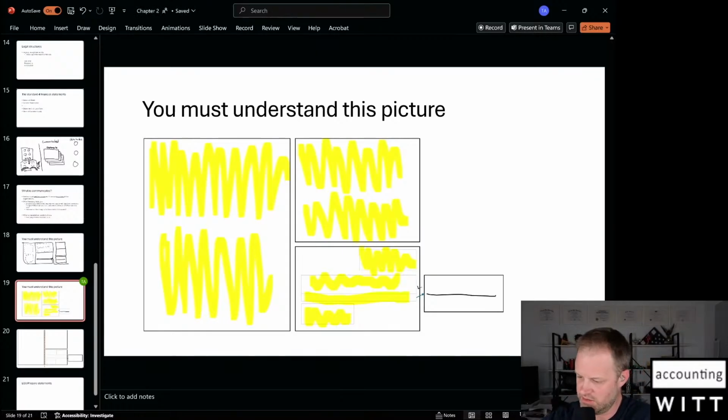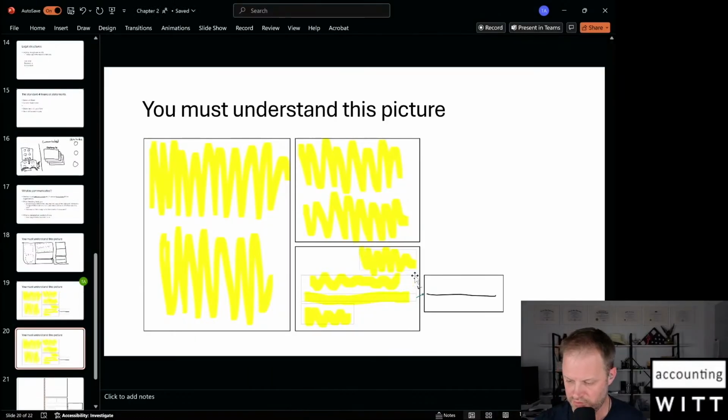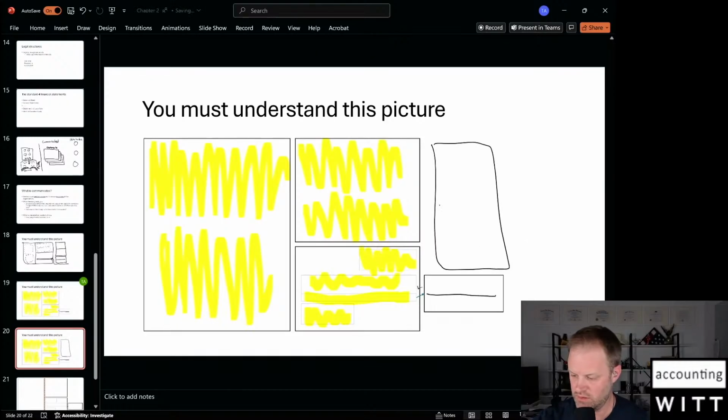This is the simple version of it. Oops. Level 2 is where we will expand it. Okay, we'll go with that.